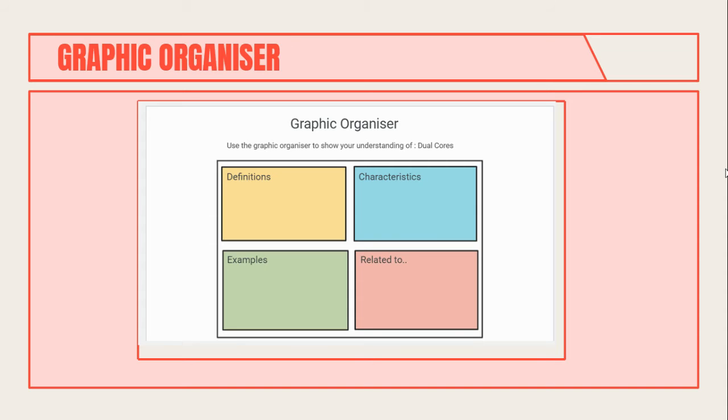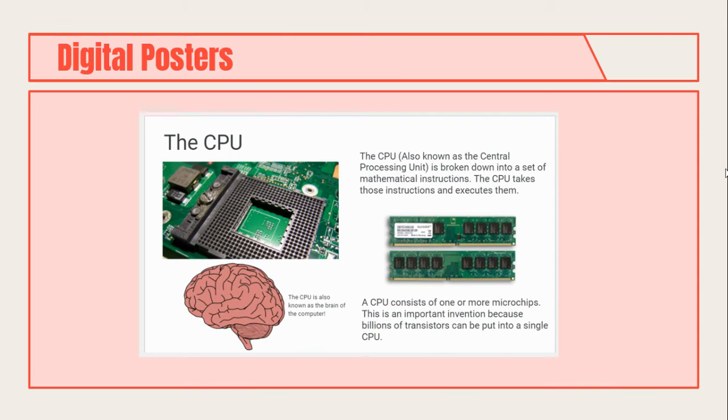And it really just breaks that one term into 4 separate boxes. So it really gives them an overview of the entire topic and the entire concept, rather than just giving them one topic and one definition. That might be a bit of an overload to a student.